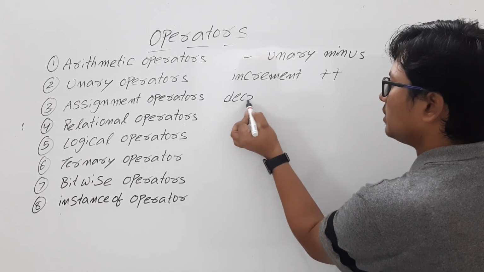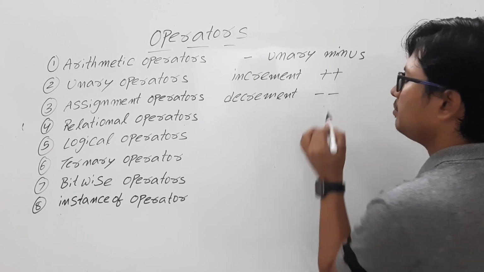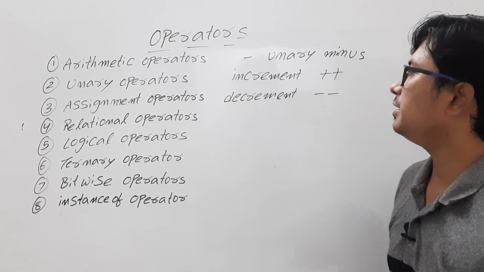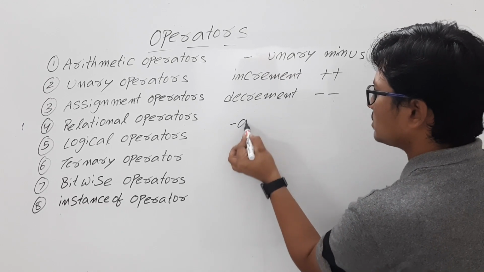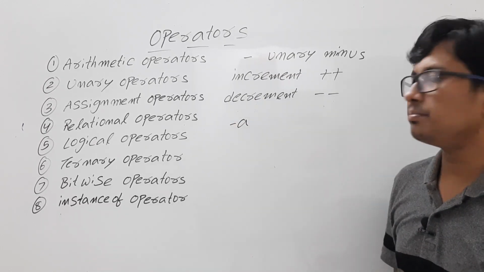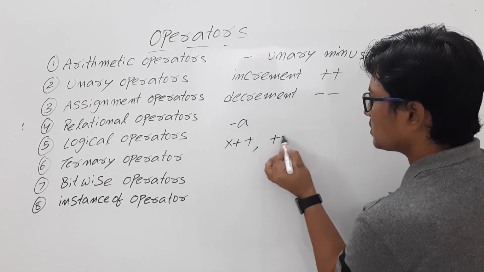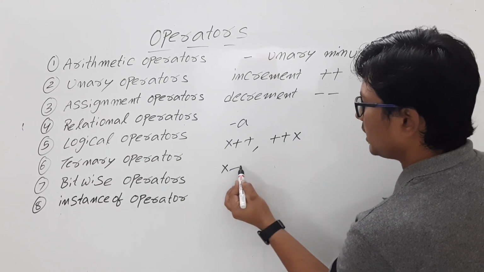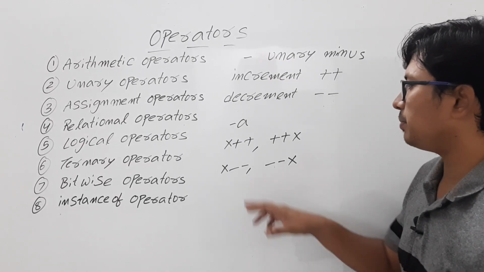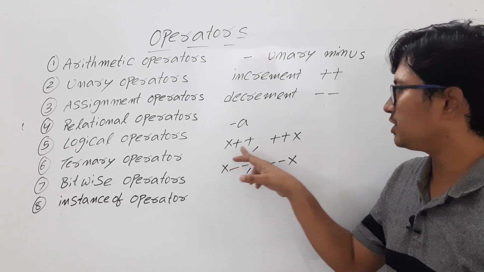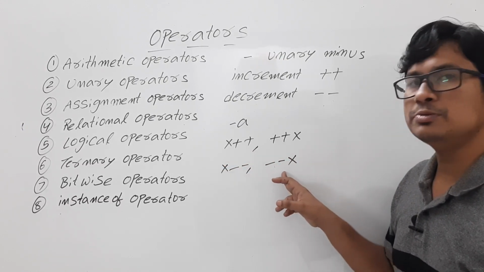Similarly you will have the decrement, with post decrement and pre decrement. So now let's take that I have minus a, this will be your unary minus, and if I write x++, ++x, x--, --x, so these are the unary operators. This is your post increment, this is pre increment, this is post decrement, this is pre decrement.